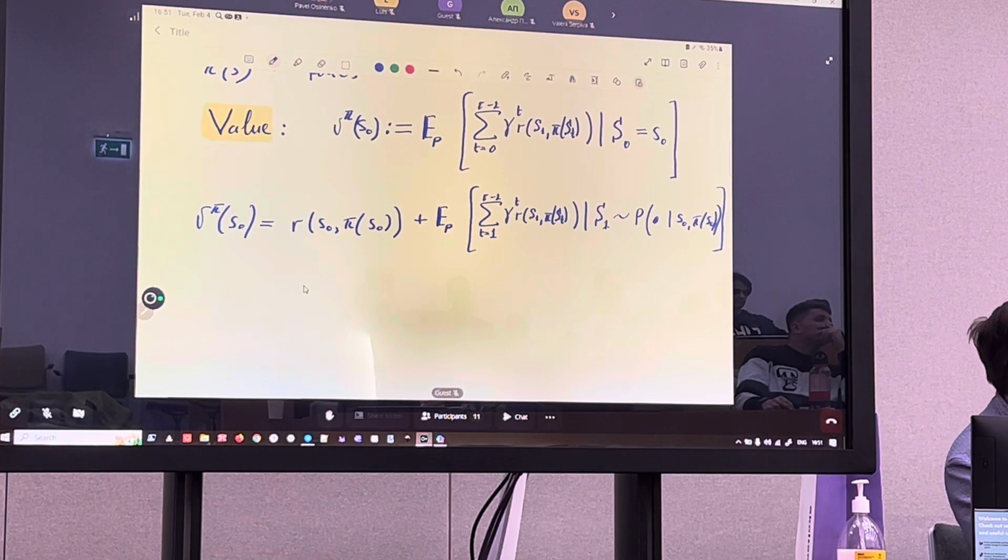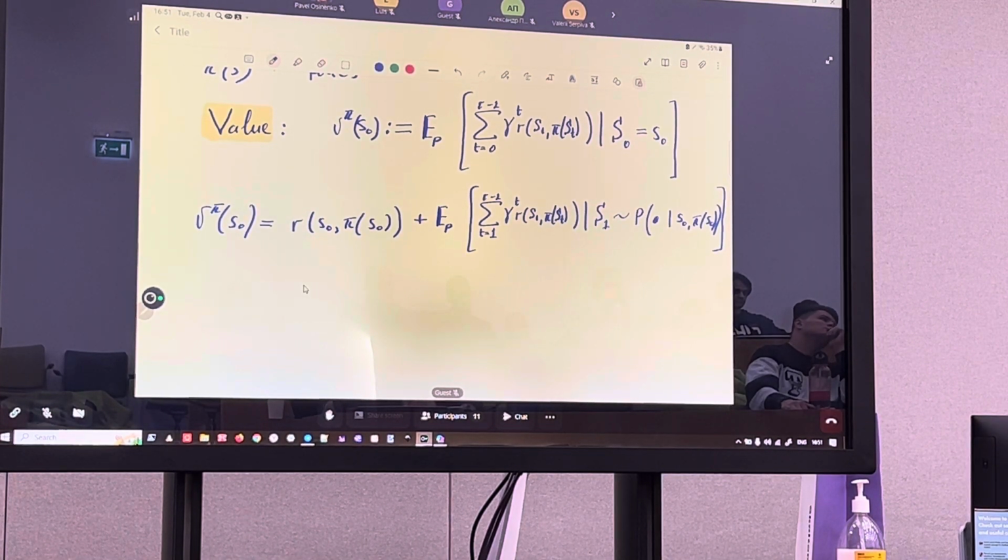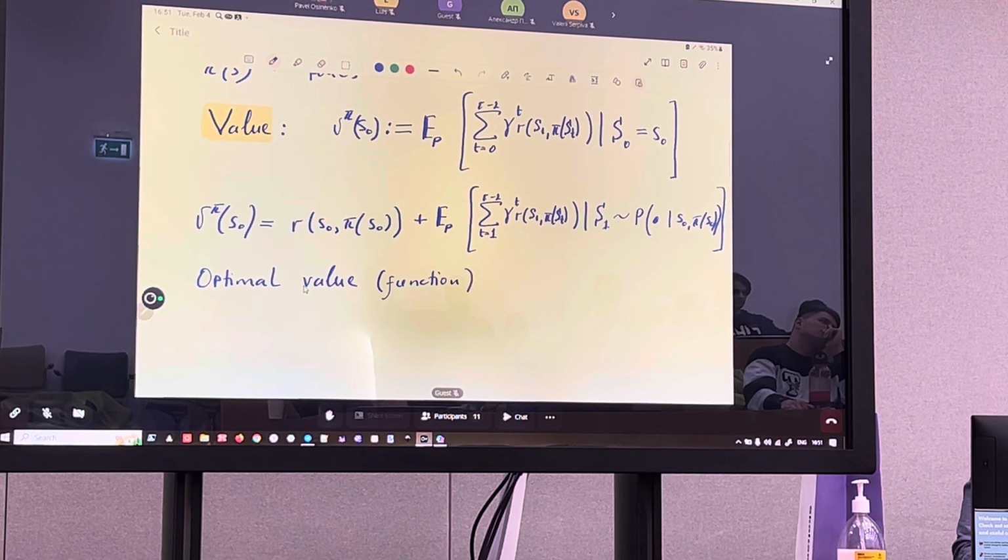Now I want to relate this to the optimal value. So what is the optimal value? Just maximize with respect to policy. And I will denote that V star.